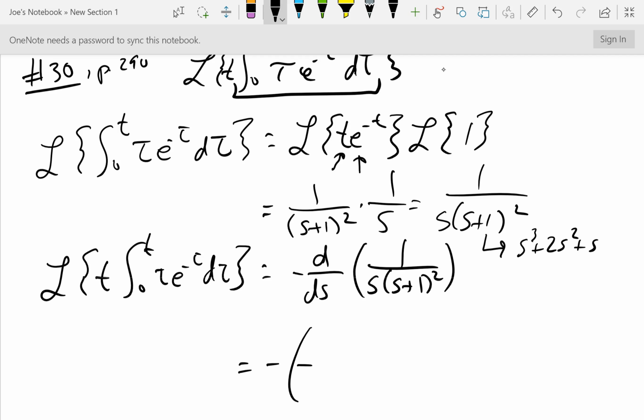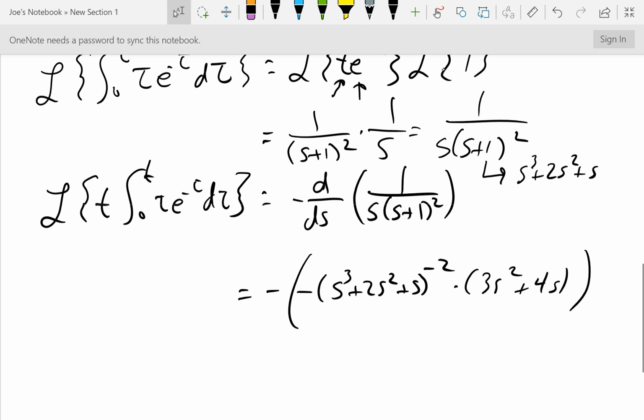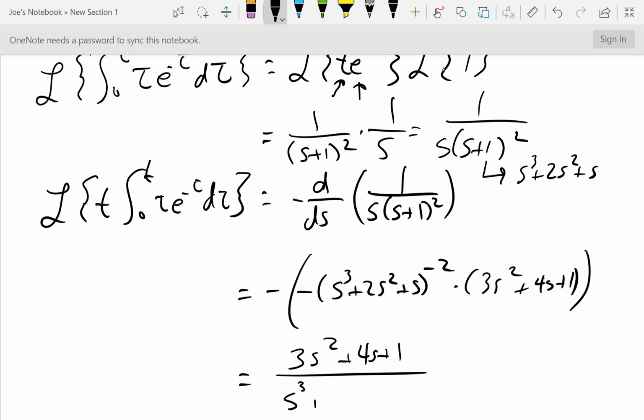So we would get negative of s cubed plus 2s squared plus s to the negative 2 times 3s squared plus 4s plus 1. Forgot my plus 1, I apologize. So if we write that as a fraction, we would have 3s squared plus 4s plus 1 over s cubed plus 2s squared plus s, all squared.